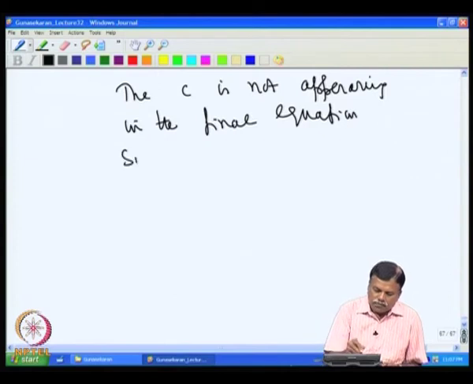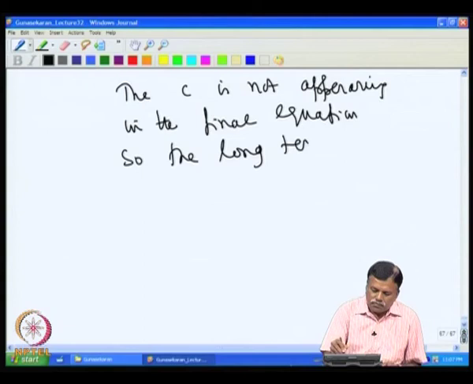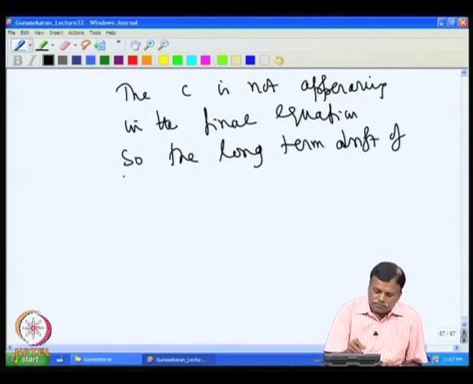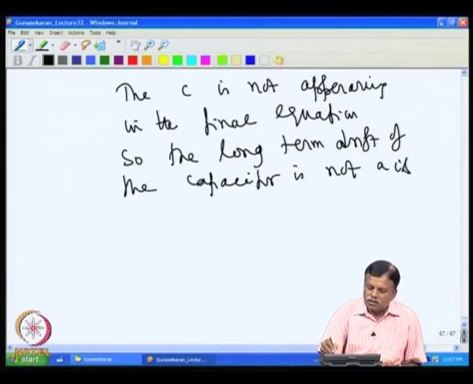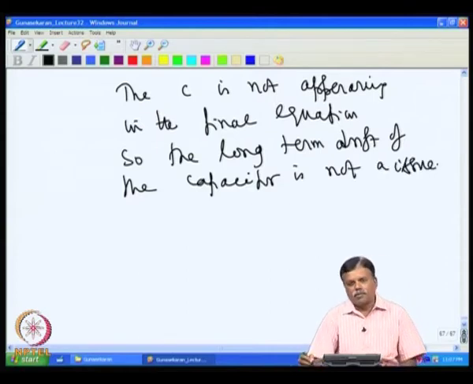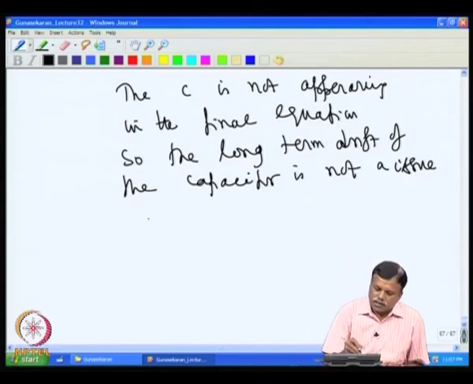It is not a problem even if the capacitor slowly drifts due to temperature. Temperature drift is also not an issue.